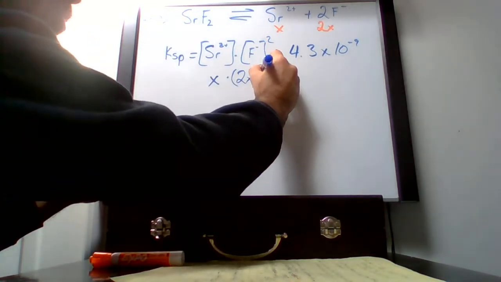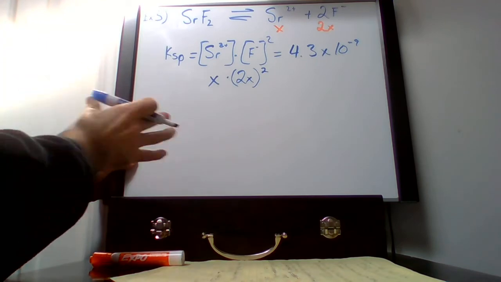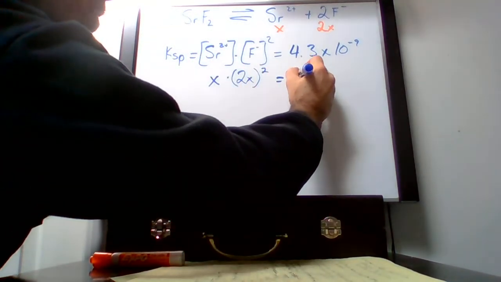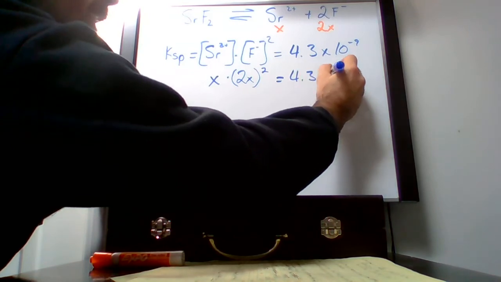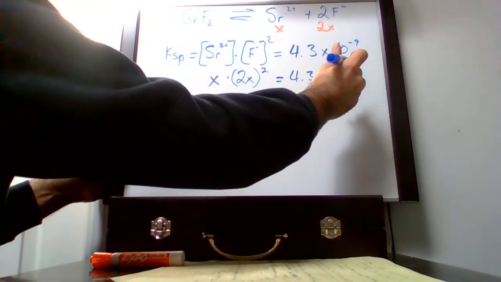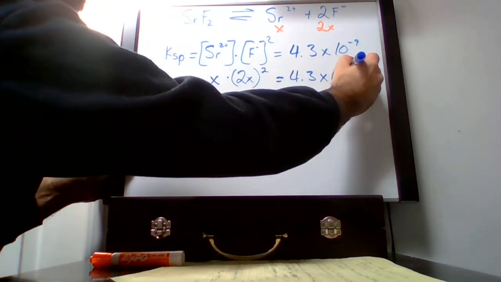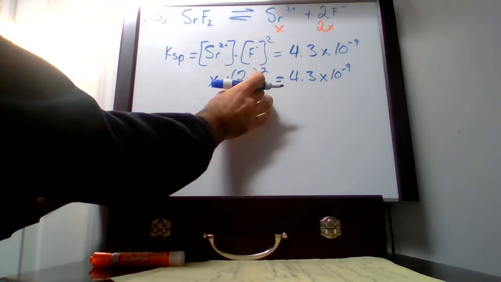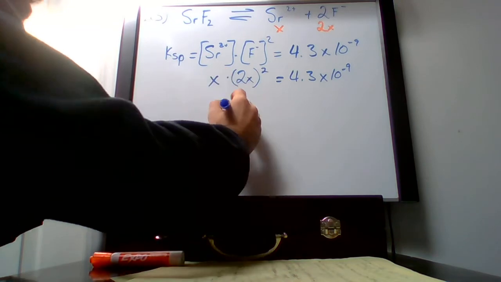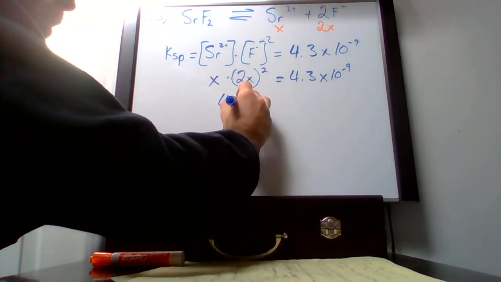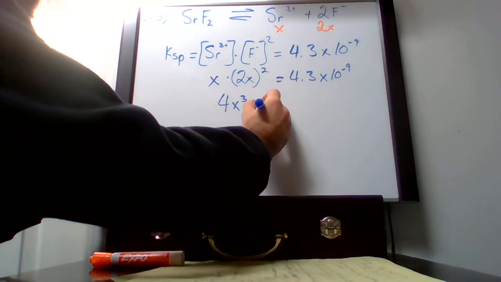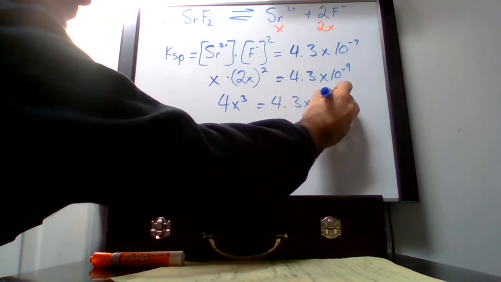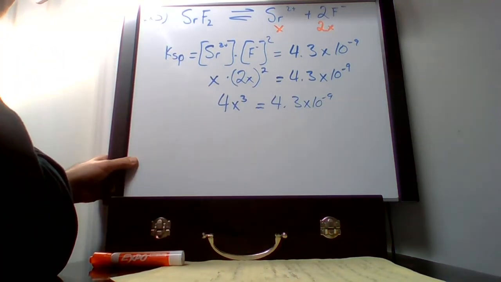But we've got to square this. That is our KSP equation, so this will be equal to 4.3 times 10 to the negative 9. If we square this 2x, we get a 4x squared. Multiplied by that x, we get a 4x cubed equal to 4.3 times 10 to the negative 9.